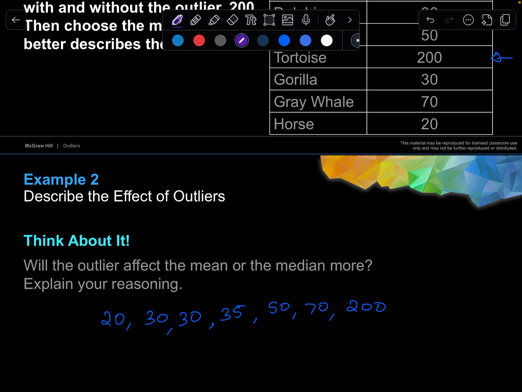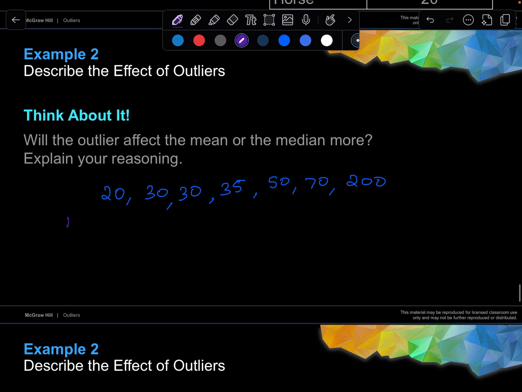So now my median over here is going to be 35. Q1 is going to be 30. Q3 is going to be 70.